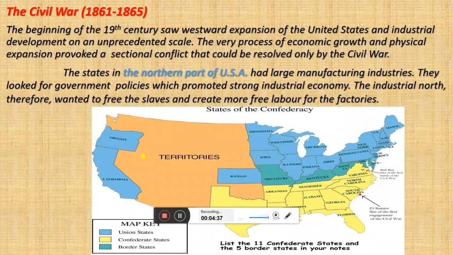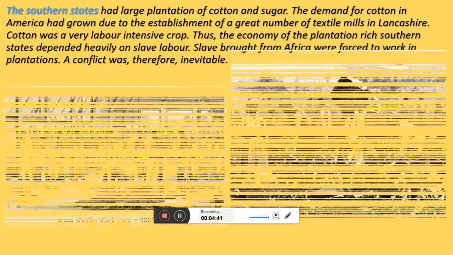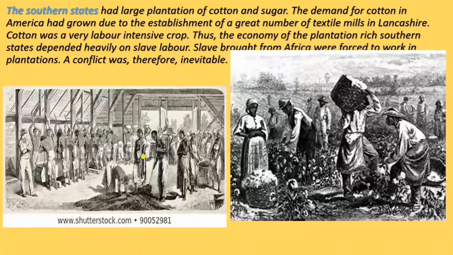Okay, let's move to the southern part. The southern states had large plantations of cotton and sugar, and the demand for cotton grew because many textile mills were established in Lancashire, which was situated in Great Britain.